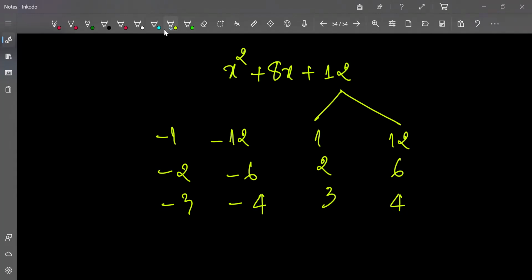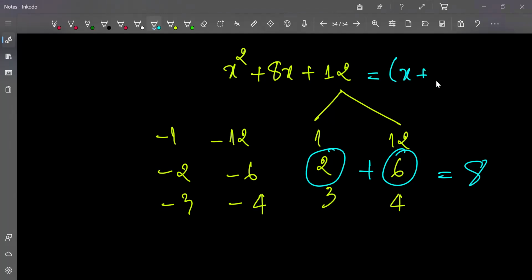But the two factors that add up to 8 are 2 and 6 because 2 plus 6 is equal to 8. So now our expression becomes (x plus 2)(x plus 6).